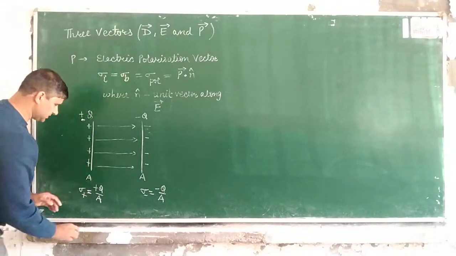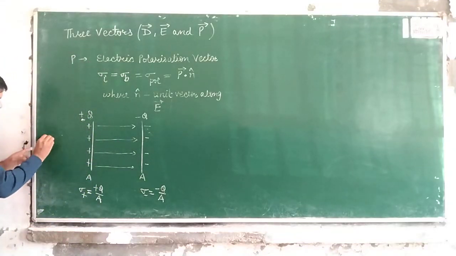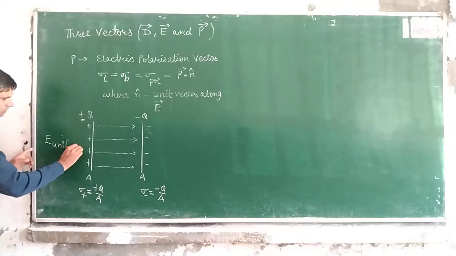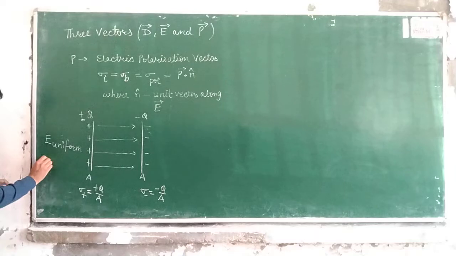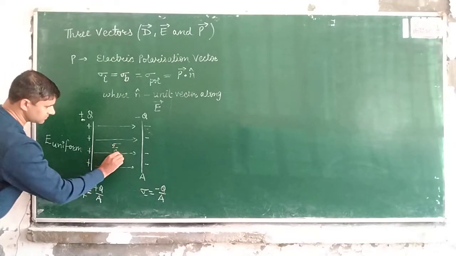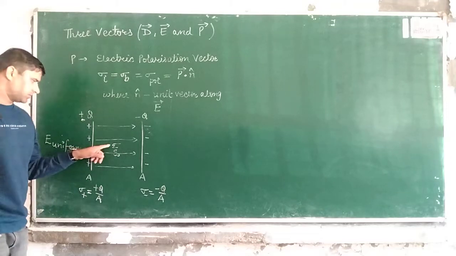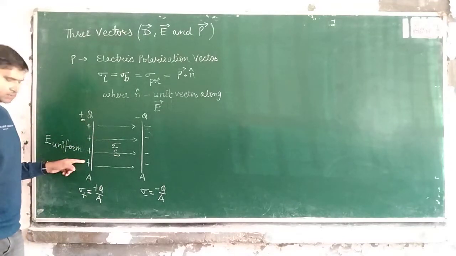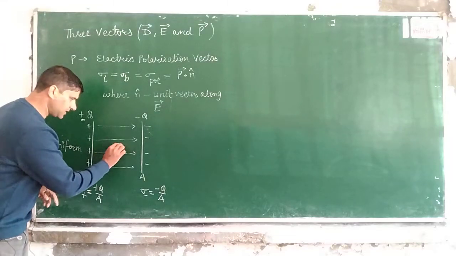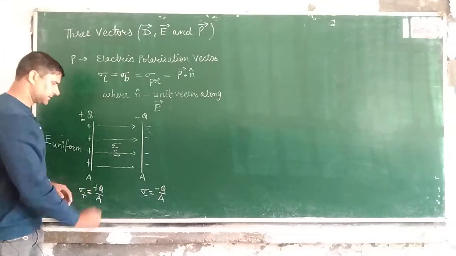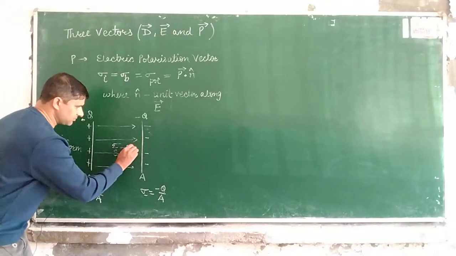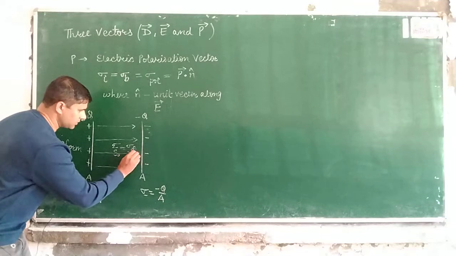It does not depend upon coordinates and its numerical value is given by sigma by epsilon naught, and this sigma is the free charge which is available on the plates. So I can write it sigma free, this is not bound.